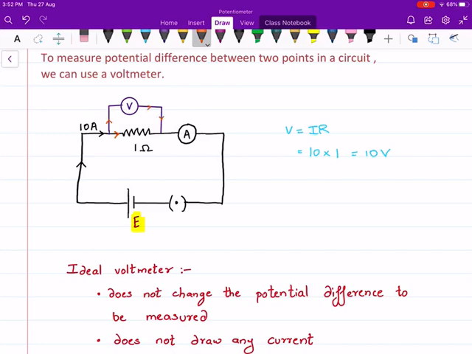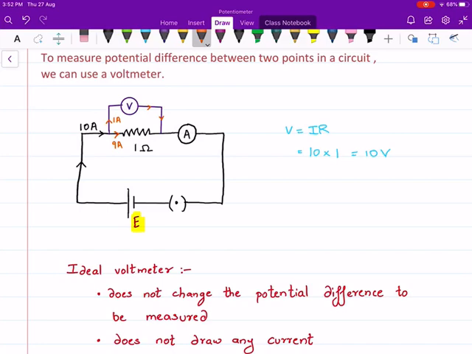Suppose 9 ampere current is flowing through this resistor and 1 ampere current is passing through this voltmeter. Out of this 10 ampere, 9 ampere is going to the 1 ohm resistance and 1 ampere is going through the voltmeter.